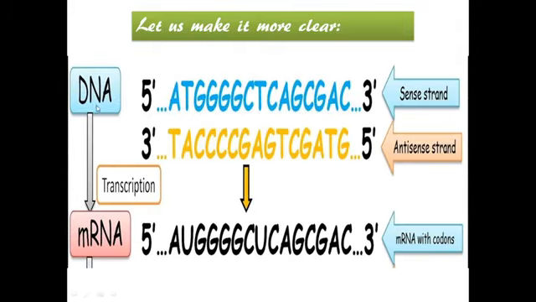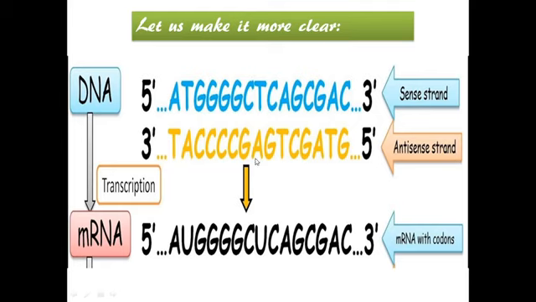See, if we have a DNA sequence with two strands, one is 5 prime to 3 prime, and the other is the complementary strand. These are the two strands of the DNA, and from this DNA we need the RNA to be synthesized, meaning we need transcription to occur. Since RNA is single stranded, it will choose one among these.